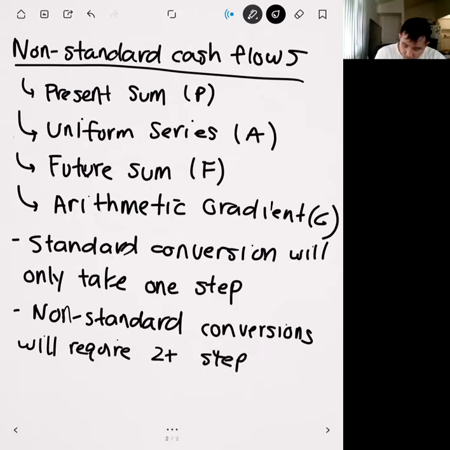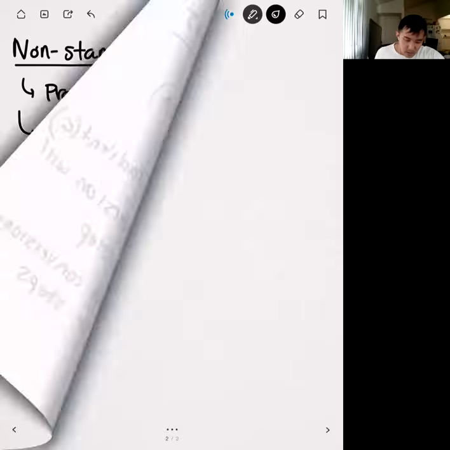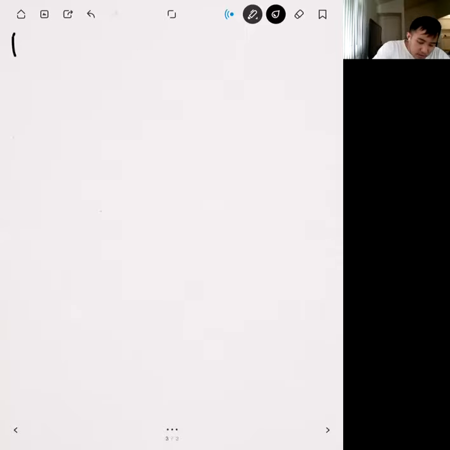Before we go through how to do these multi-step conversions, it'd be useful to go over the standard forms for all of these. First, let's start with the present sum.